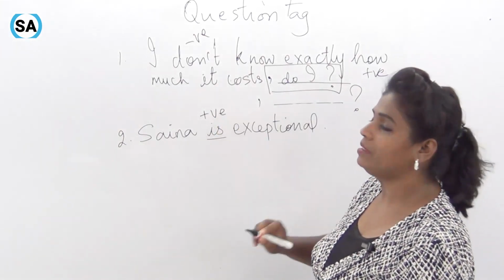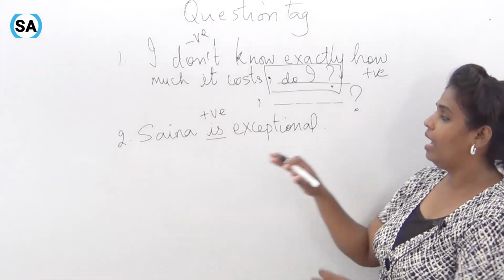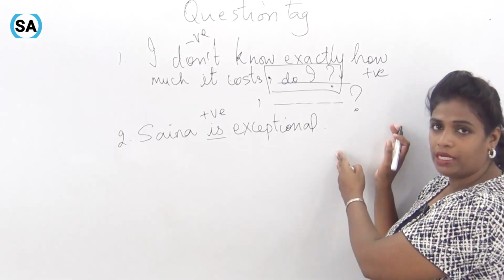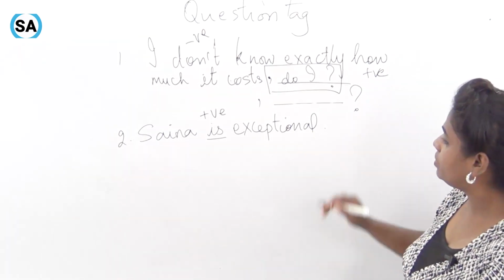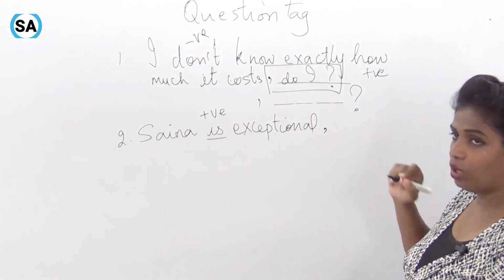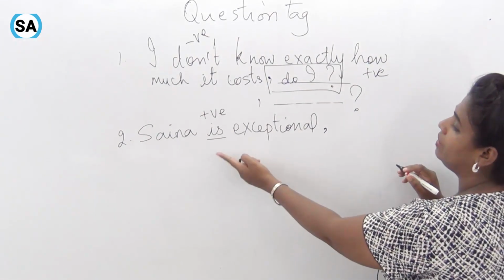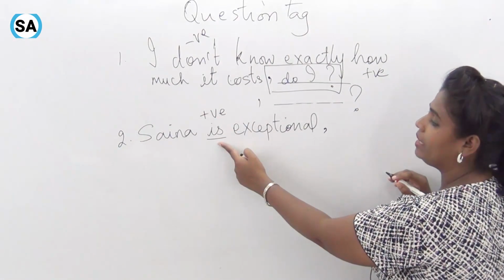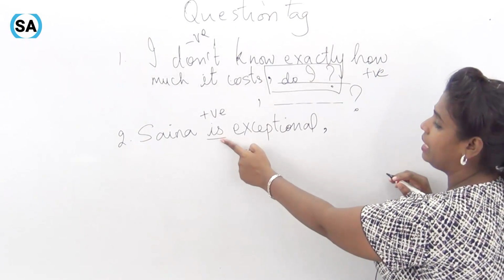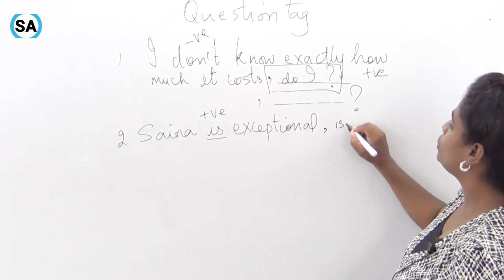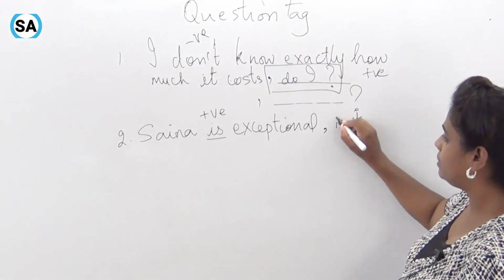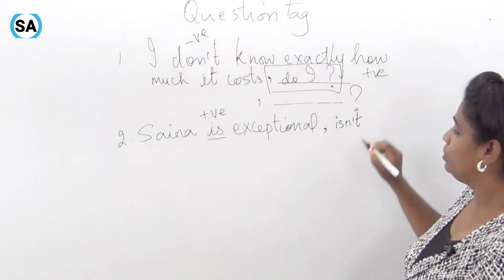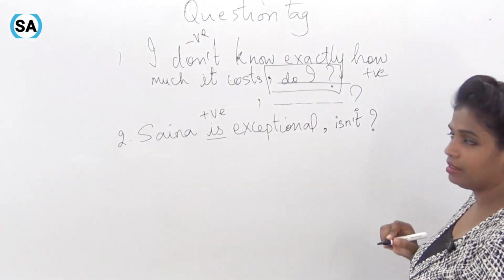So what happens if the sentence is positive? Our question tag becomes negative. So we have the three elements: comma, then you have is, positive, make it negative, that is not, short form isn't, and then you put your question mark.